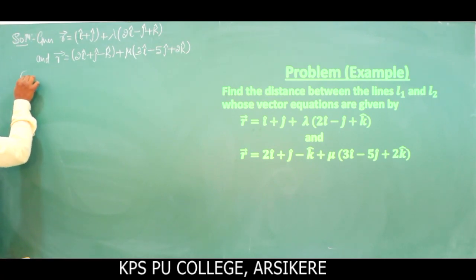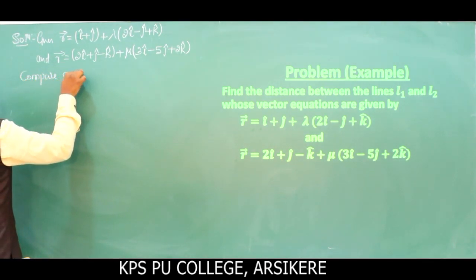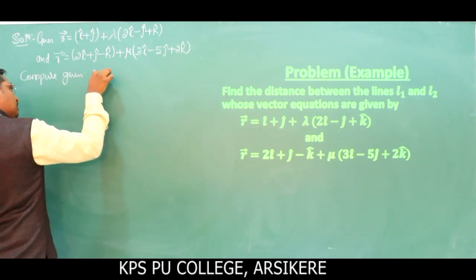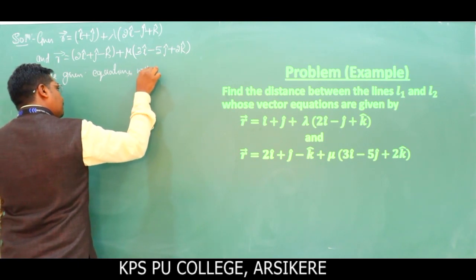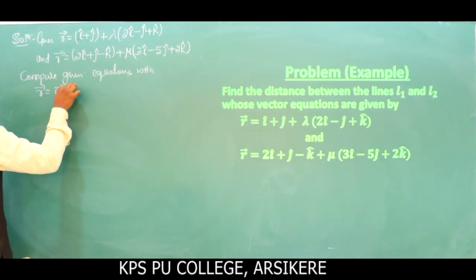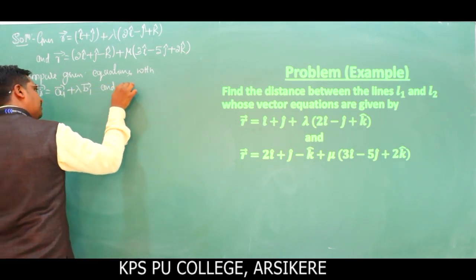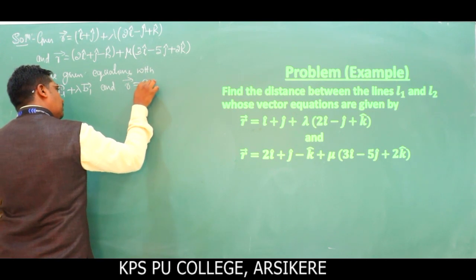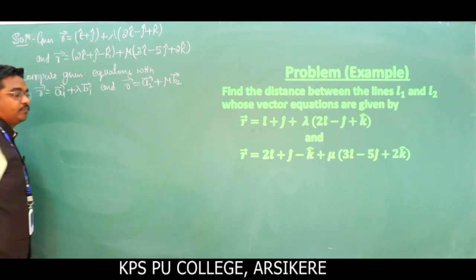Compare the given equations with vector r is equal to vector a1 plus lambda into vector b1, and the second equation vector r is equal to a2 plus mu times vector b2.